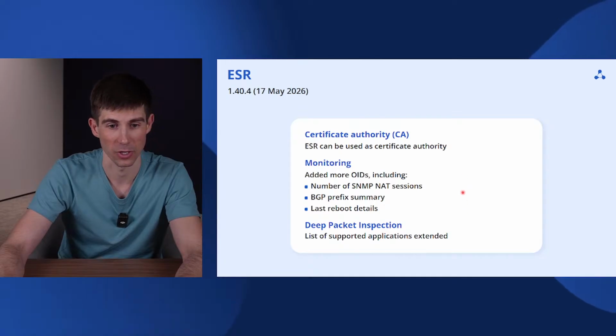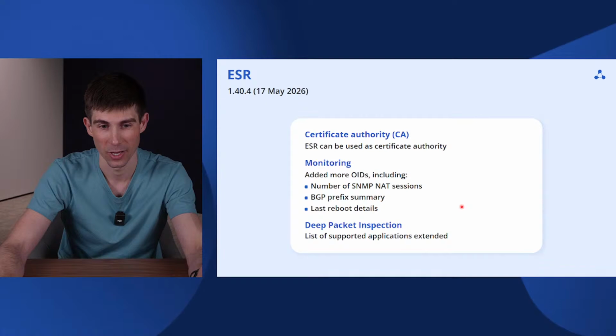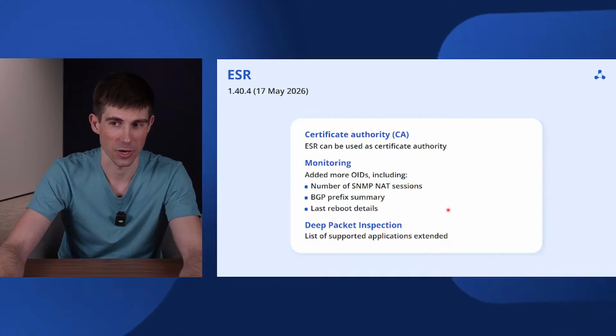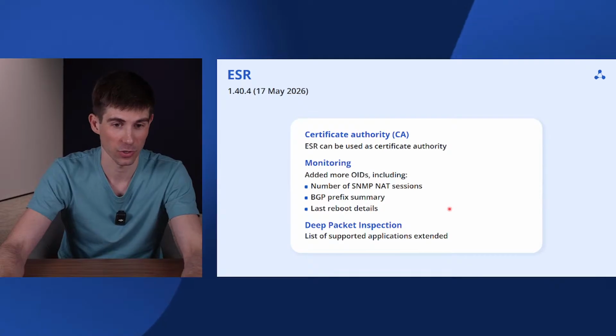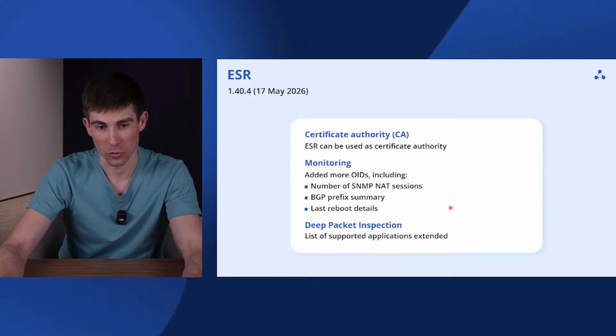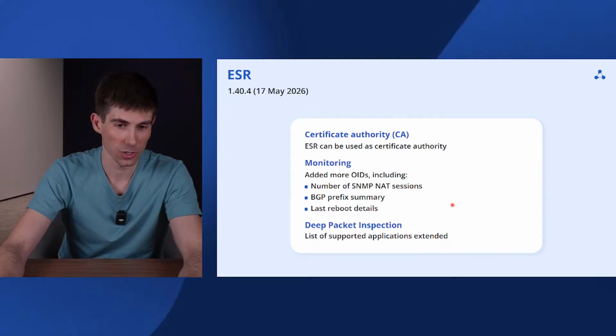You can see them listed here, and again, it's only highlights. It's not even all the functionality that is going into every version. All the functionality that's going into the version you can find in the release notes for the version in the documentation.